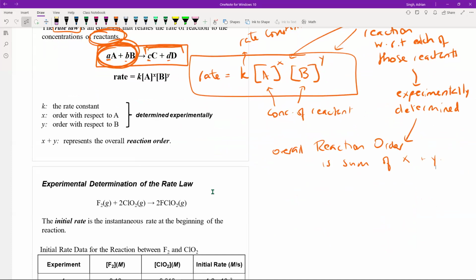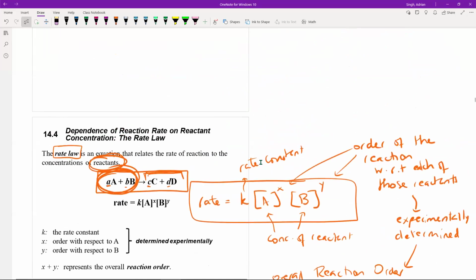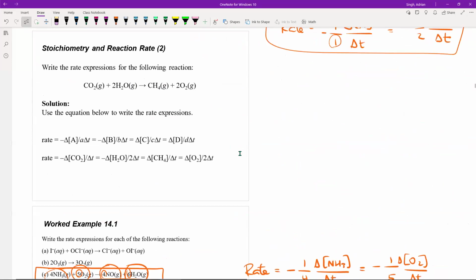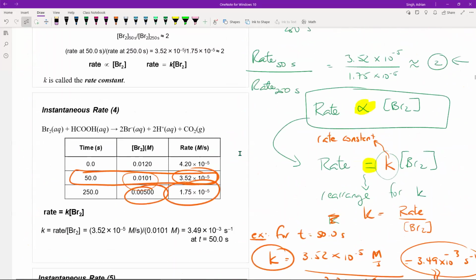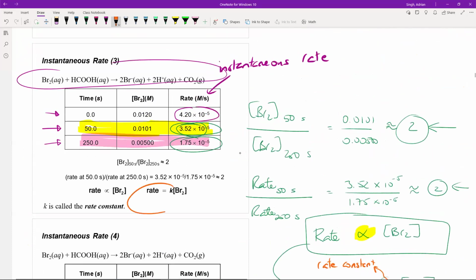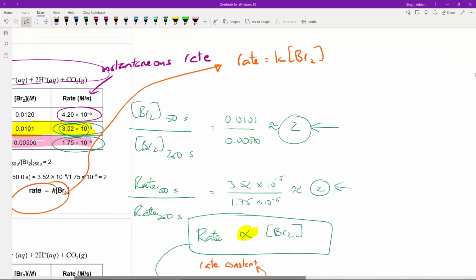All right, so let's go back to the equation we looked at previously. This is an example of a rate law. We have rate equals a rate constant k times the concentration of one of the reactants, Br2, and then the other reactant that we had was formic acid, HCOOH. This would be our x, and this would be our y.